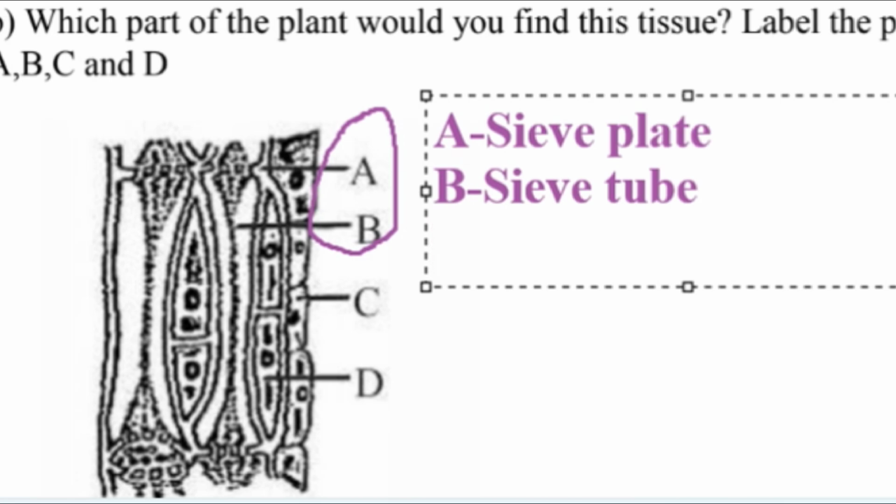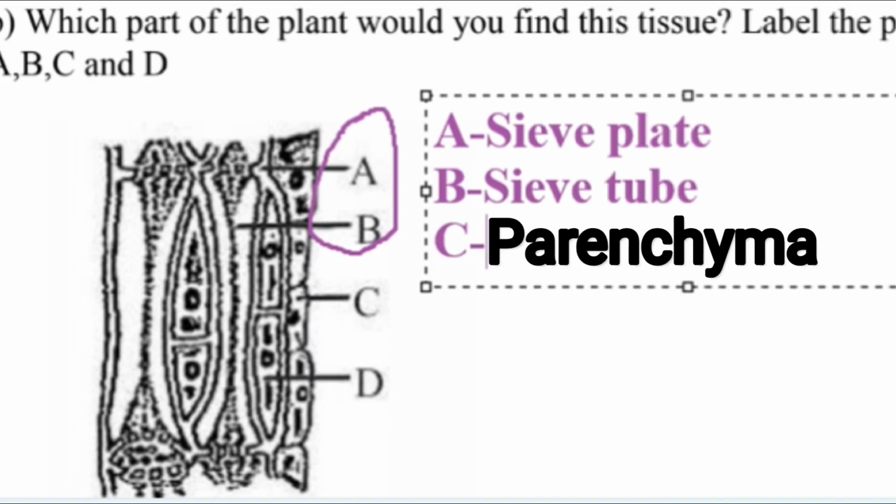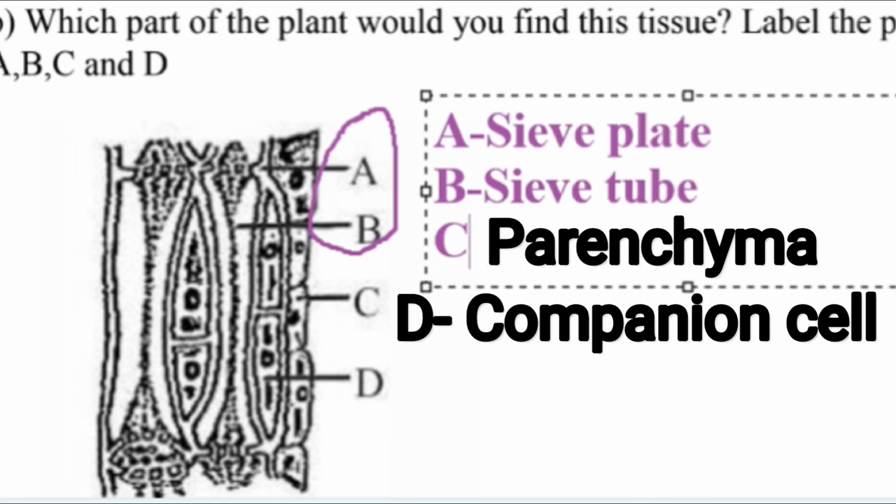Then coming to C, C is parenchyma and D is companion cell.